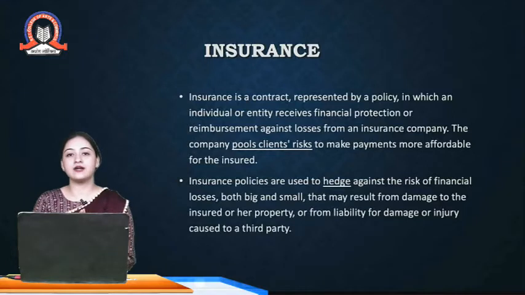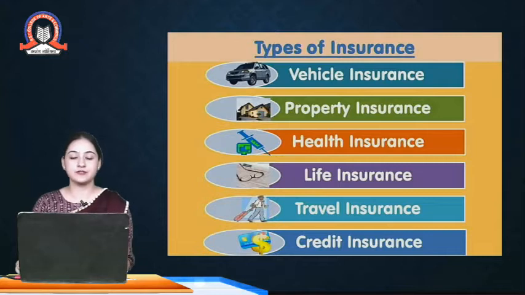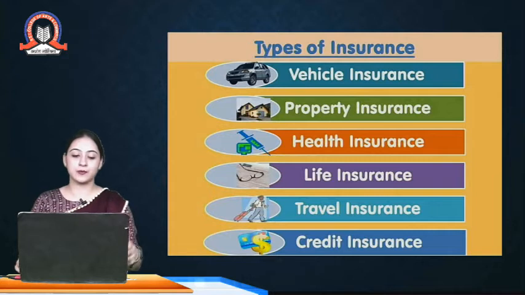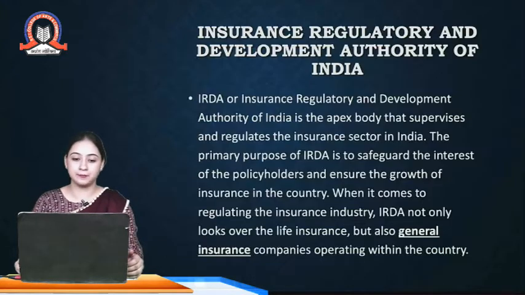So in short, insurance is an agreement that is for financial protection. The types of insurance that we have are vehicle, property, health, life, travel and credit insurance. Credit insurance, where we have taken the credit, it is supported by the insurance company.